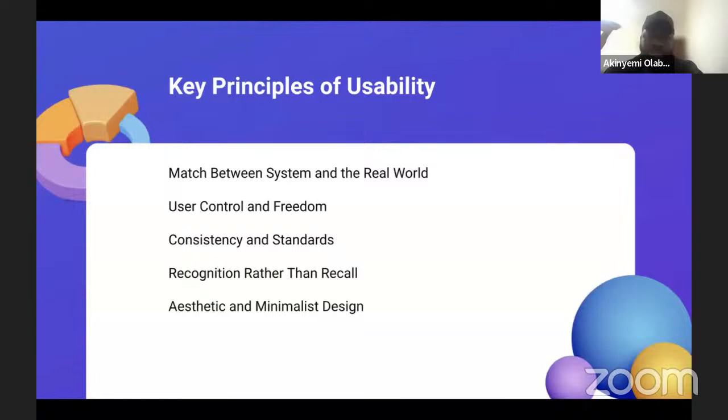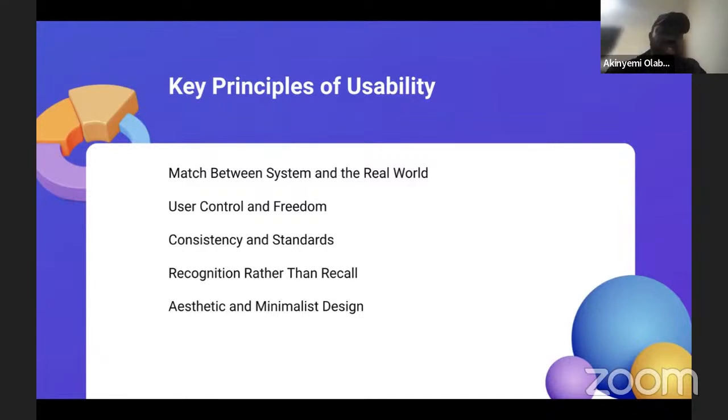Even if they make a mistake, there should be an exit point for them to start all over, or just let them have freedom of what they want to do. If they make a mistake, there should be a way for them to go back. If everything is right, there won't be a need for them to call customer care, send you an email, or chat with your bot and the likes. Though there are some that are unavoidable, we should make sure we reduce them as much as possible.